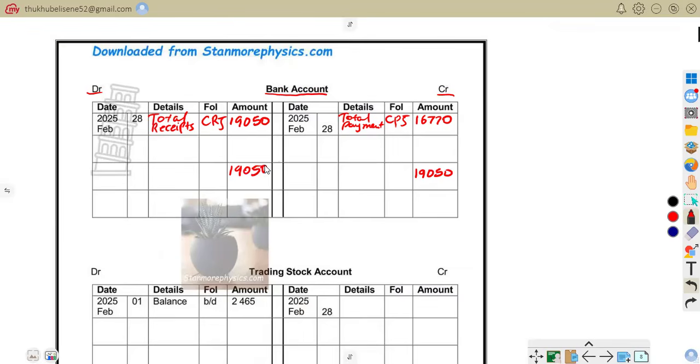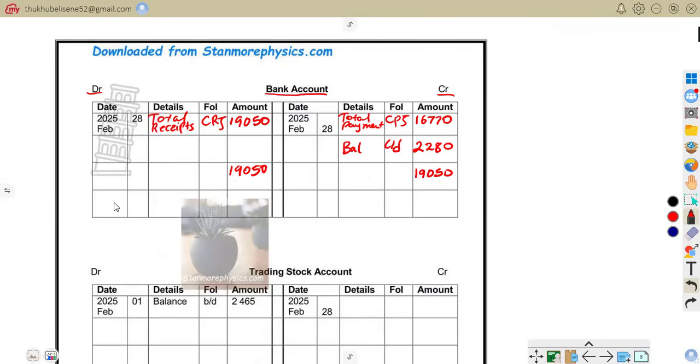When we subtract the total payments, 16,770, from 19,050, we are going to have the balance carried down of 2,280.